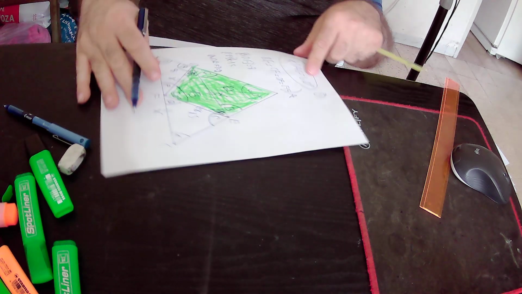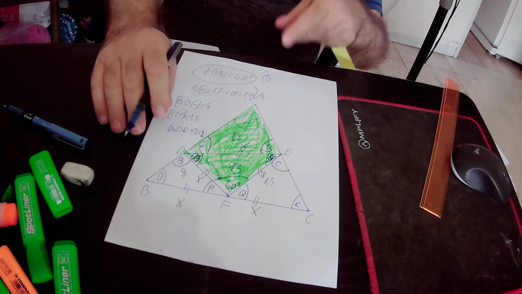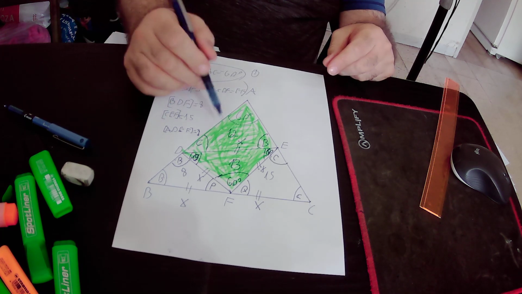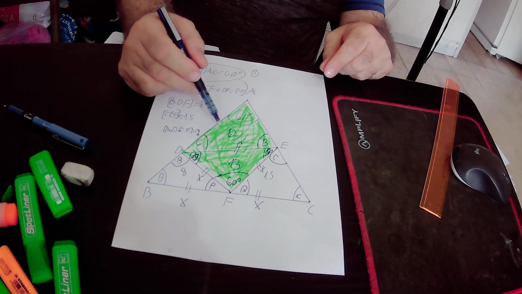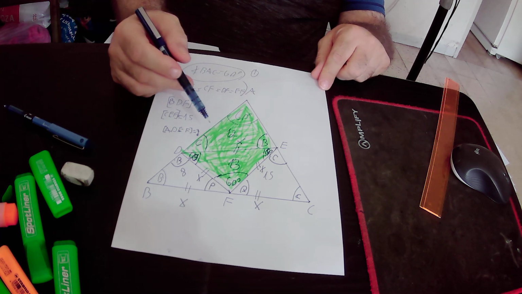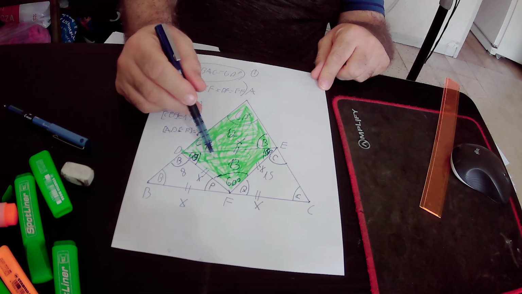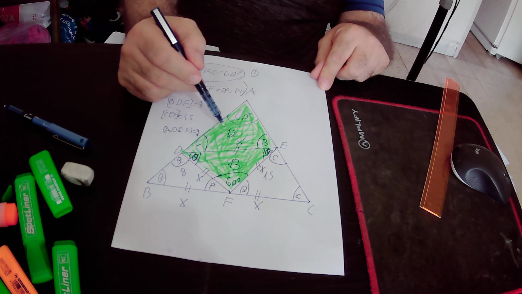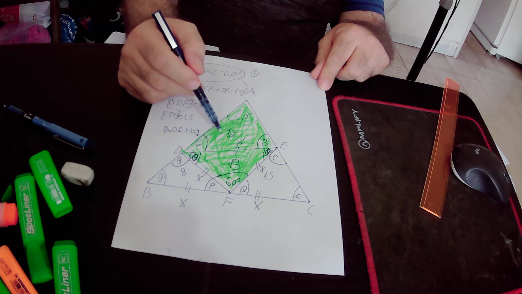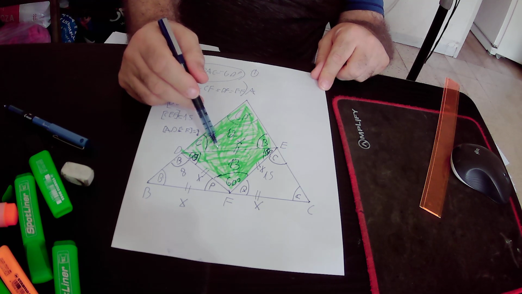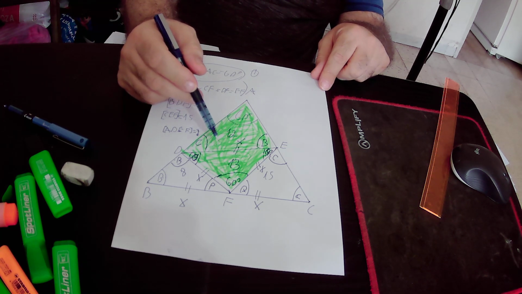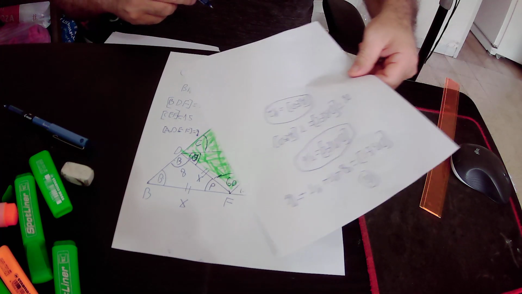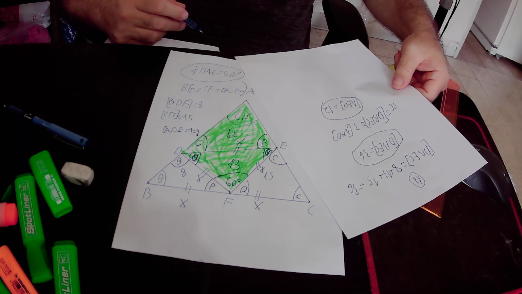So now we know that the area of the green shape equals the area of triangle AED, that is 12, plus the area of the equilateral triangle DEC, that is 13. So the area of the green shape equals 12 plus 13, that is 25 square units.